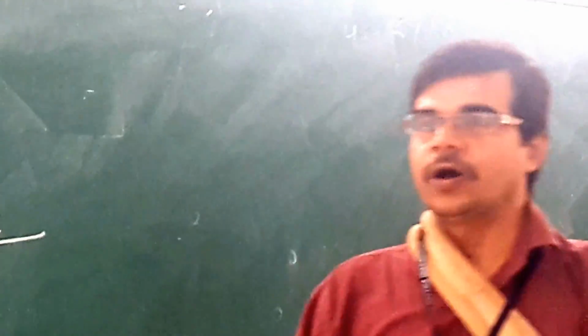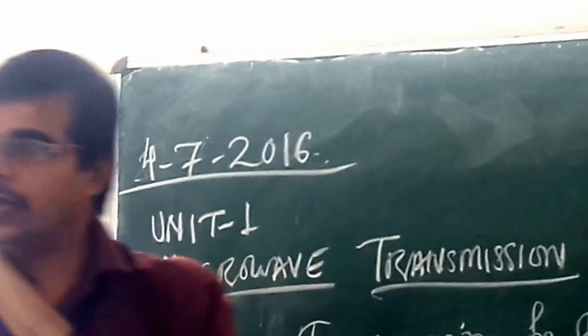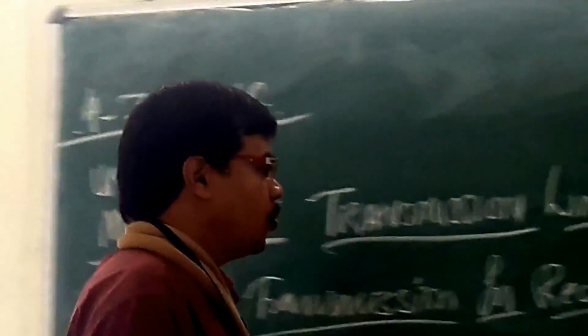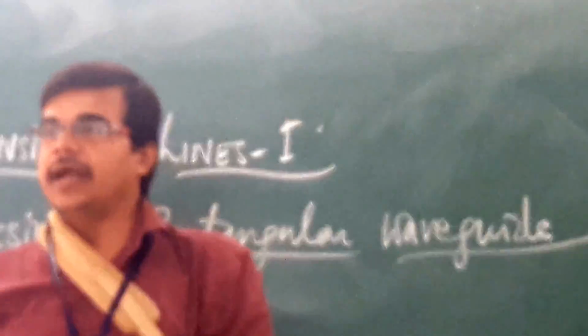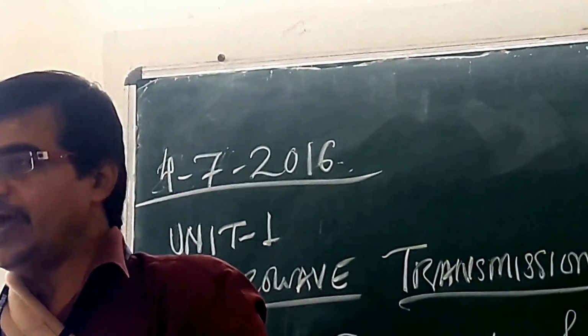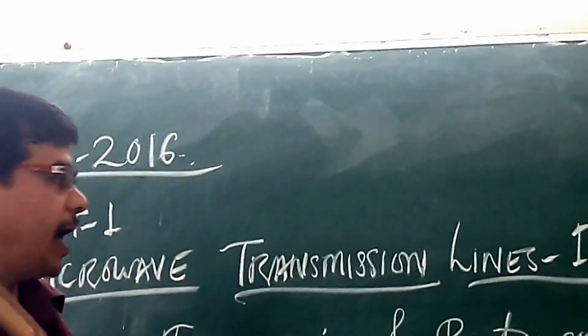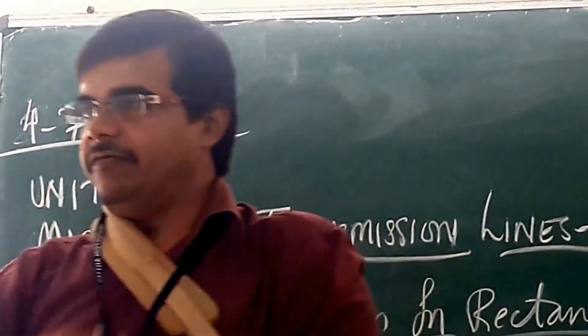Power transmission in a rectangular waveguide. When we are going for calculating the power that is transmitted in the waveguide, we are assuming two parameters. First, we are assuming that the waveguide is of infinite length, and second, we are assuming that there is no reflected wave.